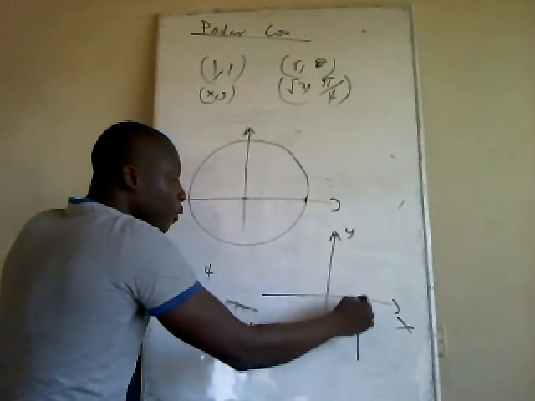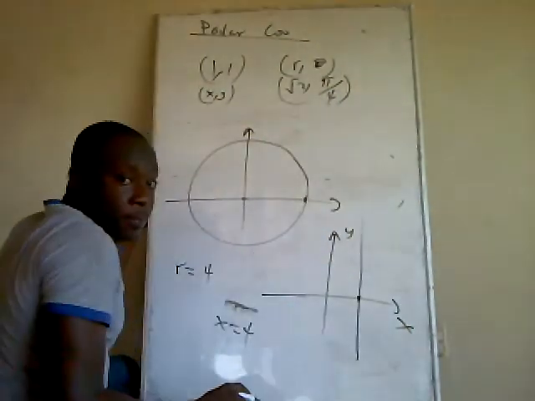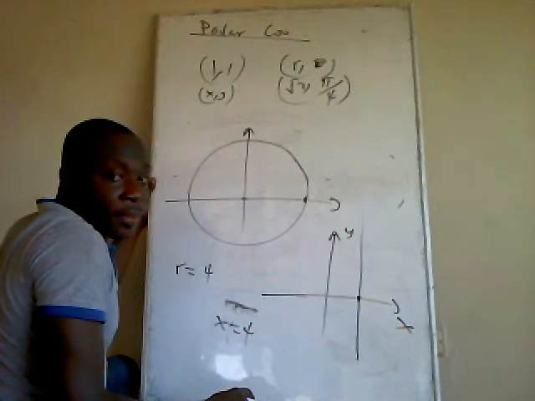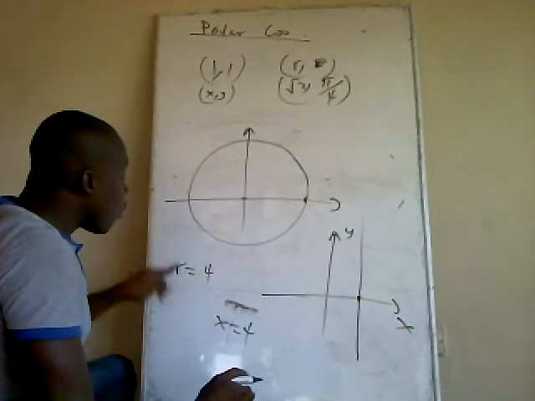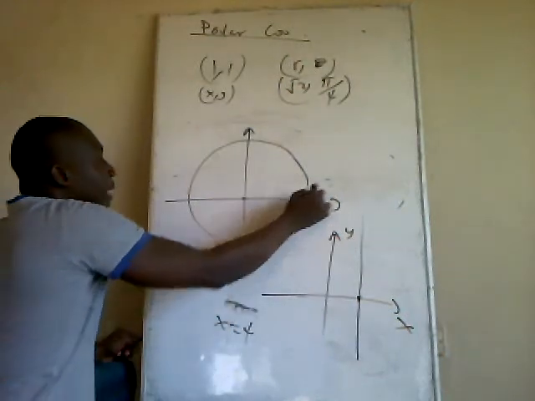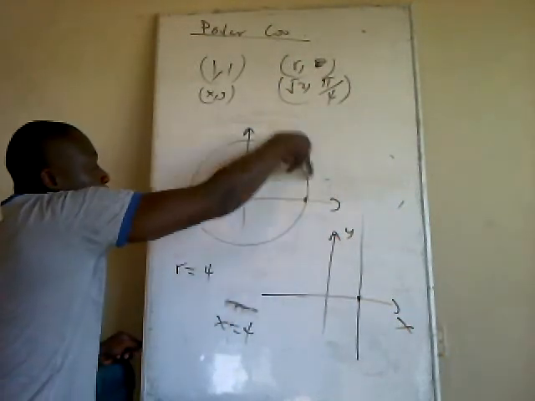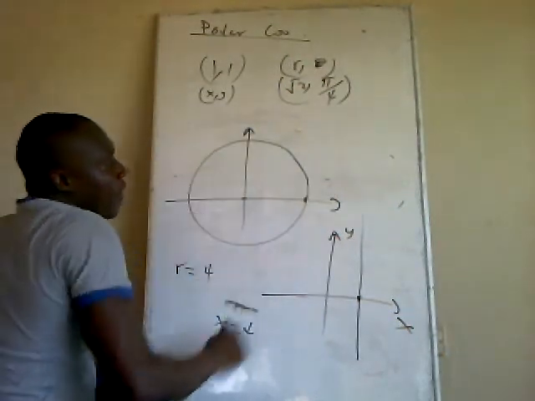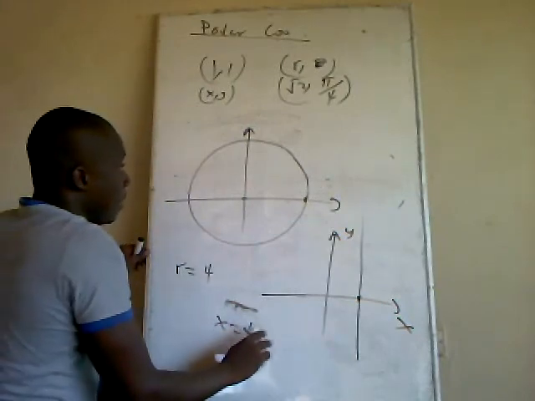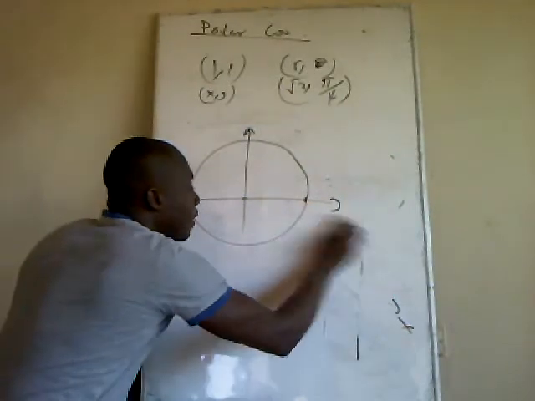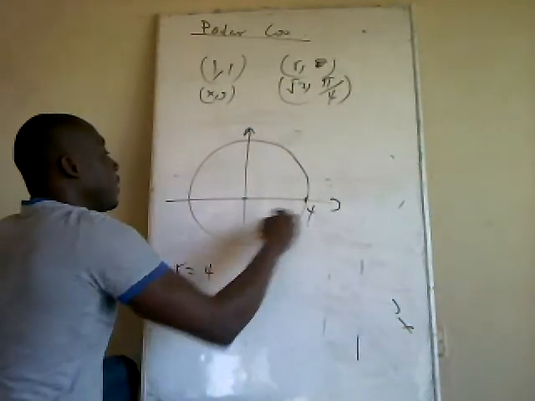So here I just move like that, in the y direction. It's the same idea. Once I've not defined theta, theta can go round and round, and I get a circle, a circle of radius 4, I must emphasize.